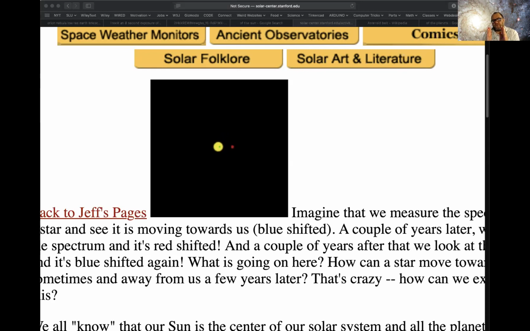The wavelengths get shorter, the frequency gets higher, and it looks blue. If something's moving away from us, the light becomes red shifted. It becomes more red. And so we can detect these changes in frequencies, and we can see that, yes, indeed, this change moving towards us and away from us is cyclical.